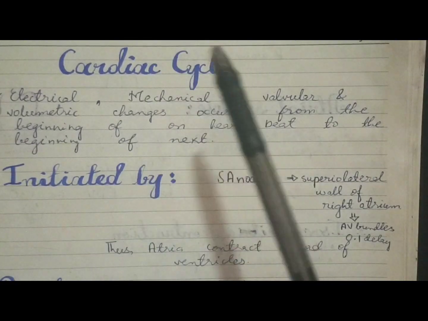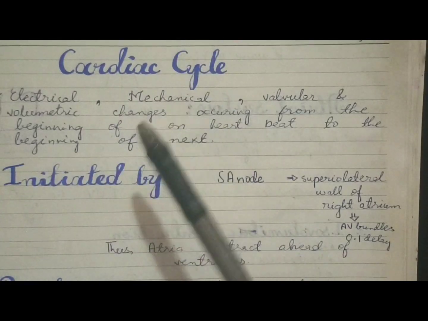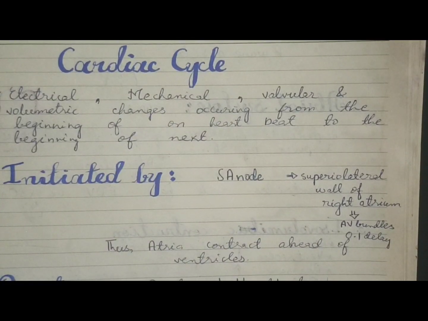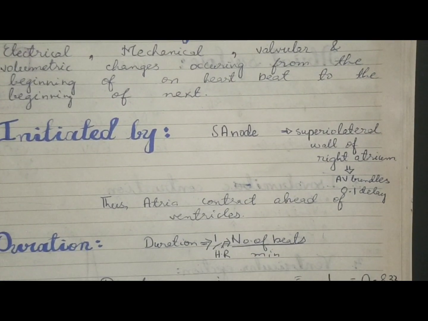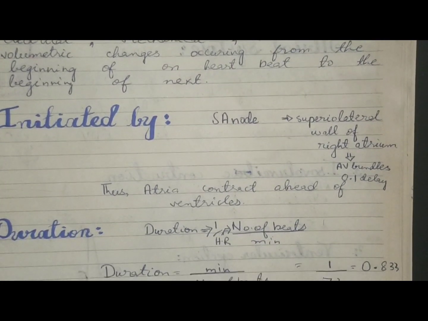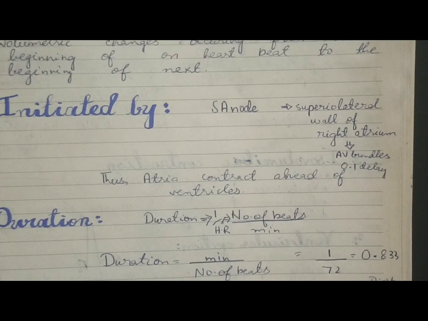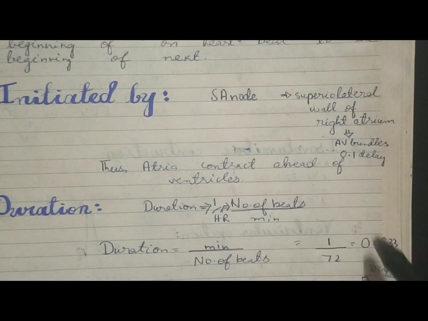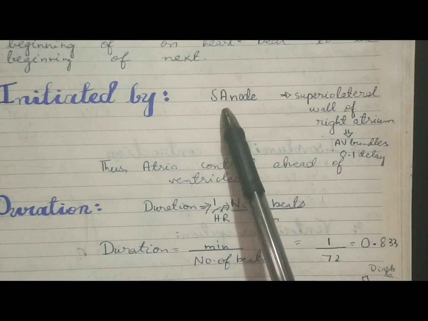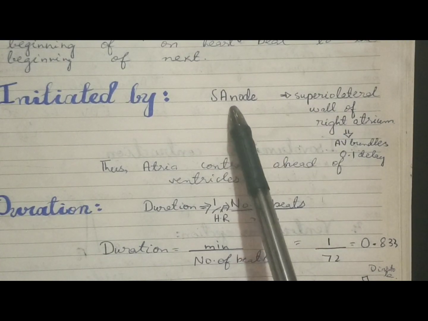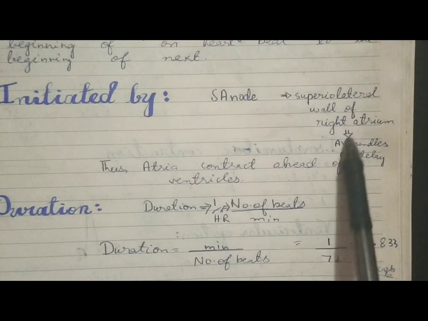Now, coming to the details of the cardiac cycle. The cardiac cycle is initiated by the pacemaker of our heart, the SA node, or sinoatrial node. It is located in the superior lateral wall of the right atrium. The electrical impulses have to travel to the AV bundle and the ventricles.